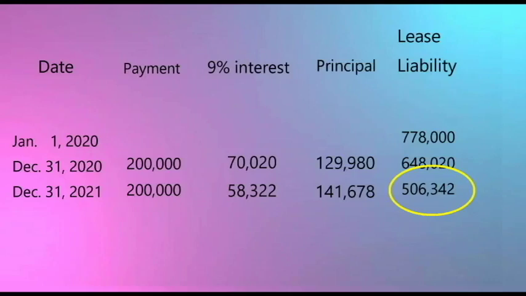Pero, kailangan pa rin natin mahanap yung increase in lease liability, which is makakompute natin by deducting the carrying amount on January 1, 2022 before the extension. So as we can see, kapag binalikan natin yung amortization schedule, as of December 31, 2021, before the extension, meron tayong present value of lease liability na 506,342.